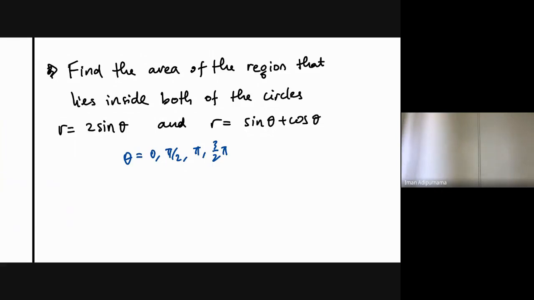So in here, cosine is positive, right? And sine is negative. And here, sine is positive and cosine is negative.